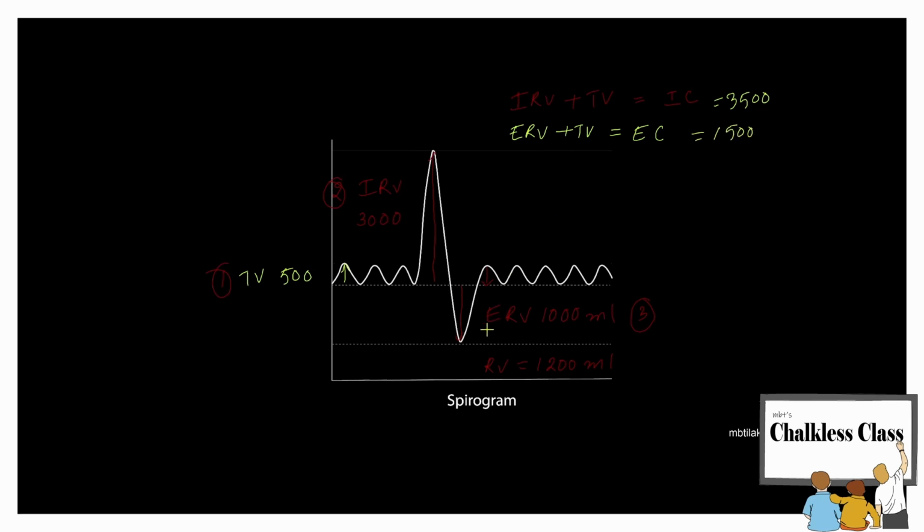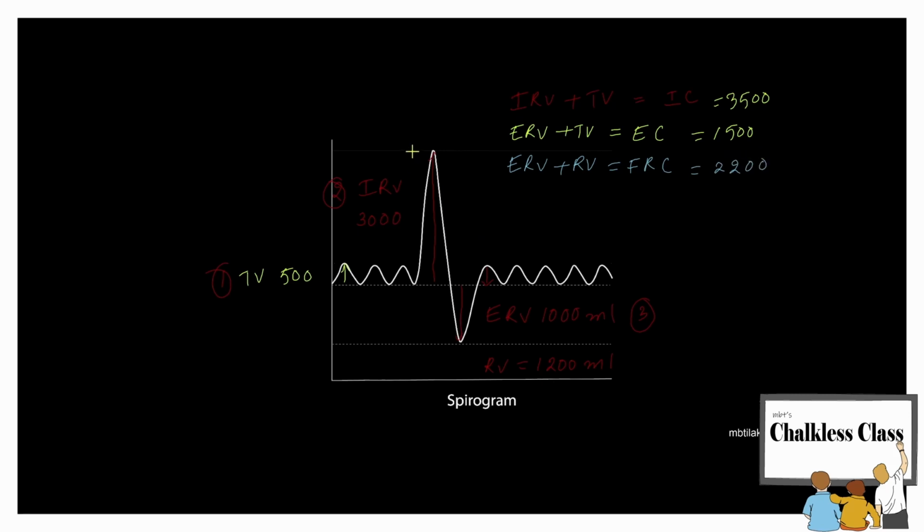Now let us see the combination of these two, ERV and RV. Expiratory reserve volume plus residual volume. This is called FRC, functional residual capacity. This is equal to ERV 1000, RV 1200. So 2200 ml is the FRC.